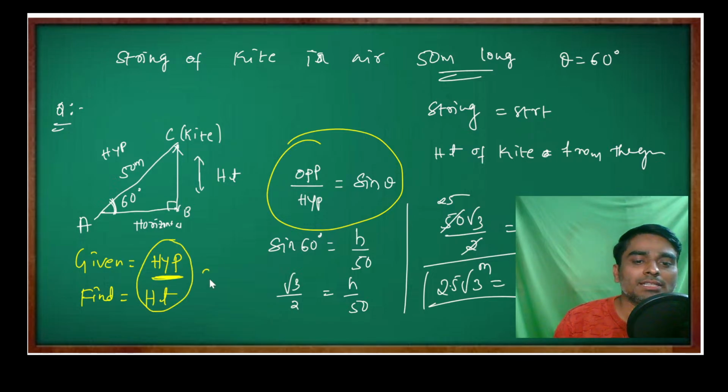That is sine, opposite upon hypotenuse. Very simple. 25 root 3, not root 3 by 2, Jivita. 2 and 50 you cancel, that's why you got 25. Don't keep 2 there. 2 ones are 2, 2 twenty-fives are 50.